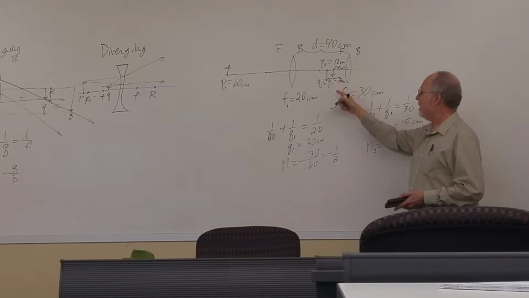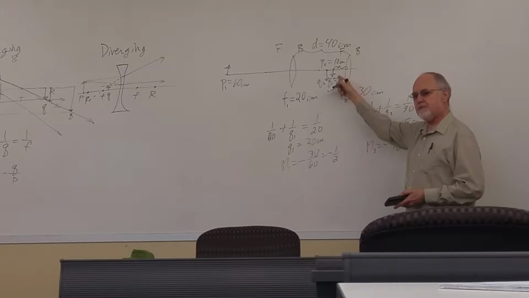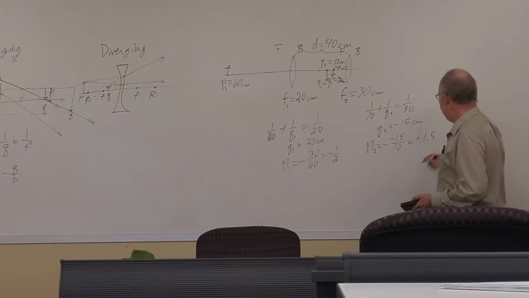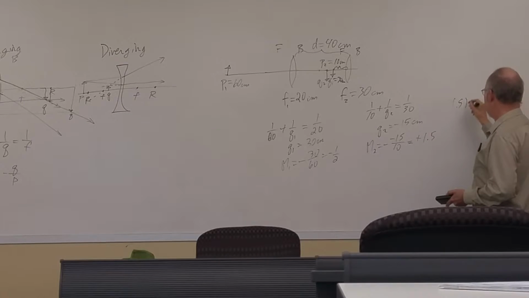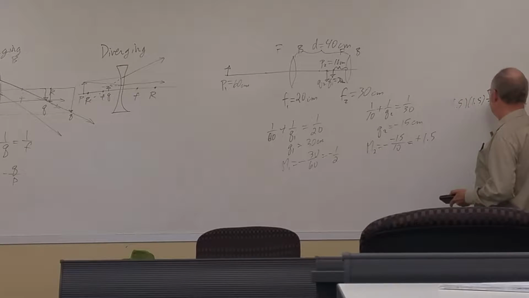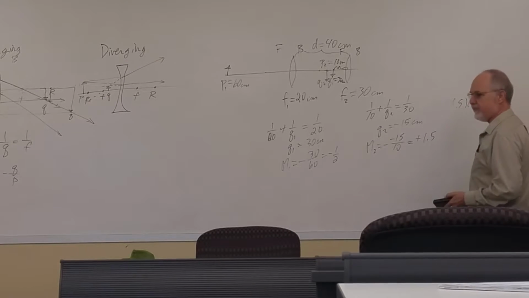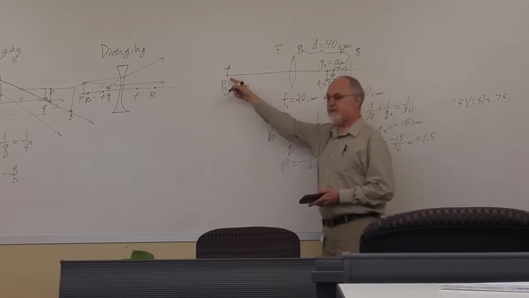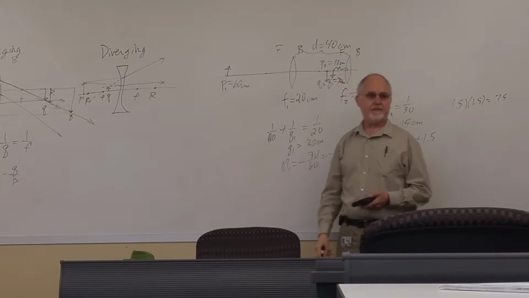But this is 1.5 times bigger than the 0.5, and so 0.5 times 1.5 would then be 0.75. So this is 3/4 of the size of this original object.